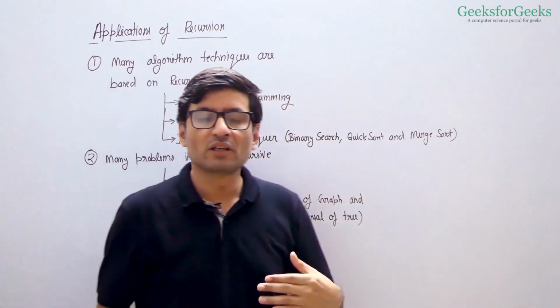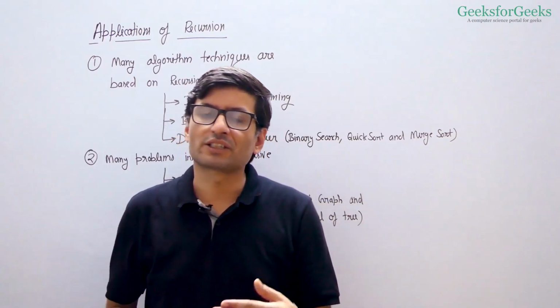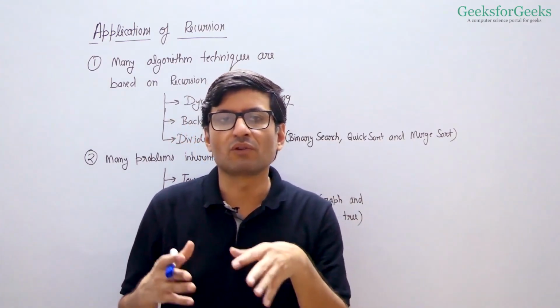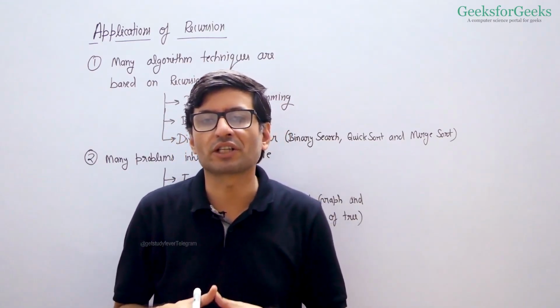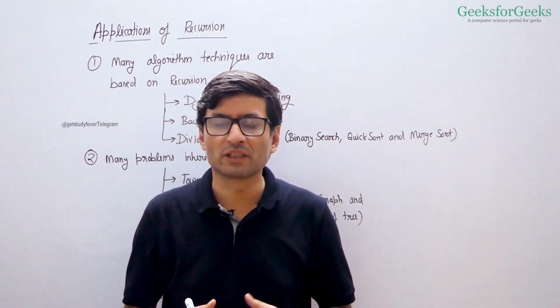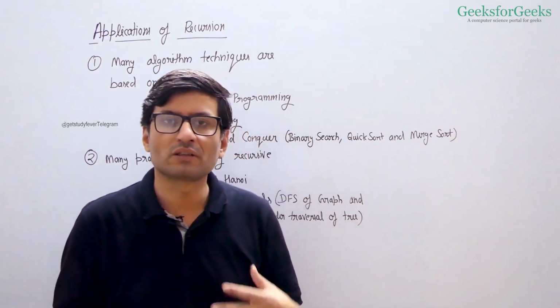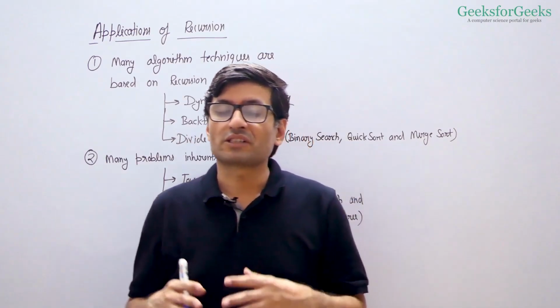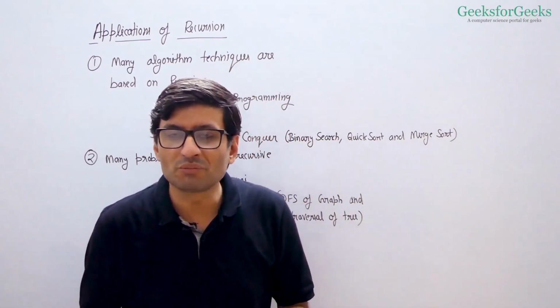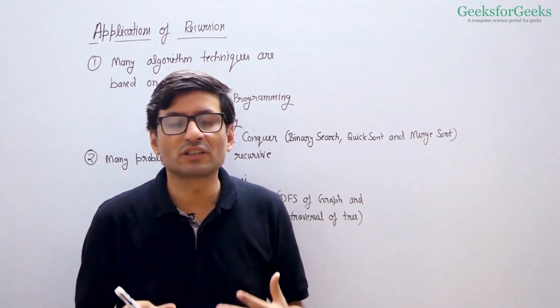If you write recursive binary search, it's going to take big O of log n auxiliary space, but if you write iterative binary search, it's going to take big O of 1 auxiliary space. And one more problem with recursion is function call overhead. But still, recursion is used in implementations because of ease of implementation.